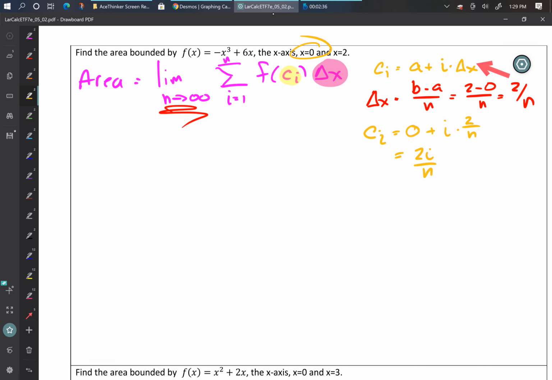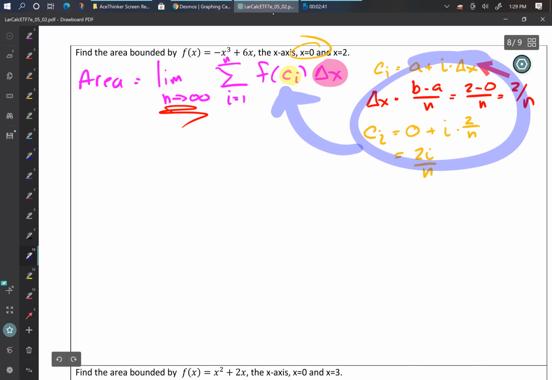And so now I'm going to take all of this, plug it in there, and then grind out the answer. So my area is going to be equal to the limit as n approaches infinity of the summation as i goes from 1 to n of f of 2i over n times delta x, which is 2 over n.